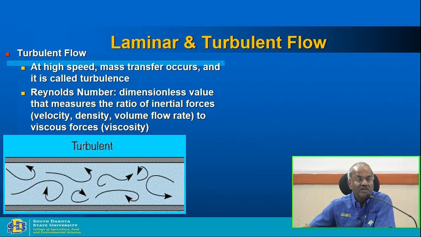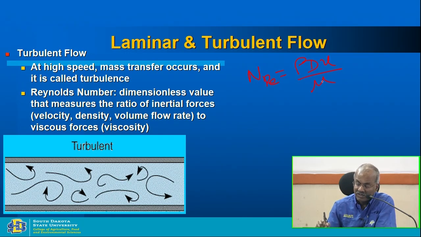What's the unit for Reynolds number? No unit, correct? Things cancel out because Reynolds number is rho d u by mu. Rho is density, d is the diameter of the pipe, u is velocity, and mu is viscosity.